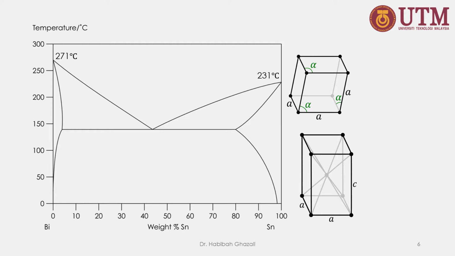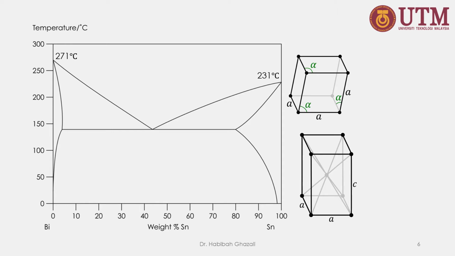So because of this difference in crystal structure, obviously, only a certain amount of bismuth can reside in the crystal structure of tin, and only a certain amount of tin can reside in the bismuth crystal structure. So this is why they have only partial solubility limit.